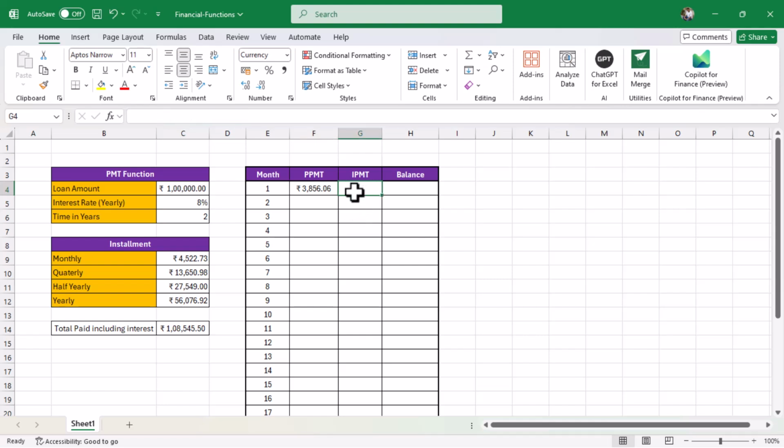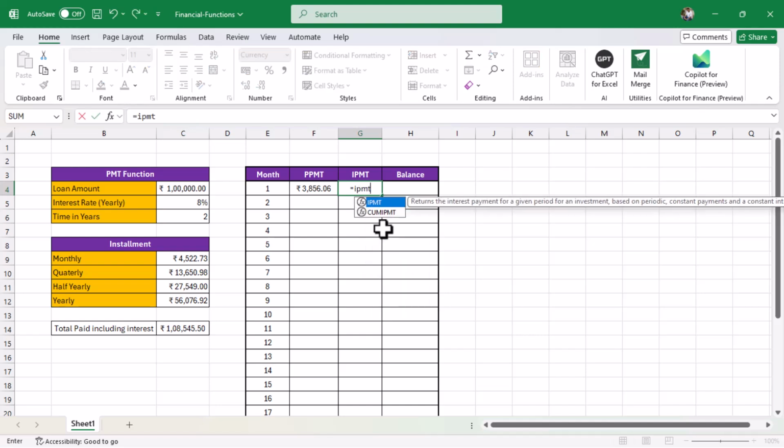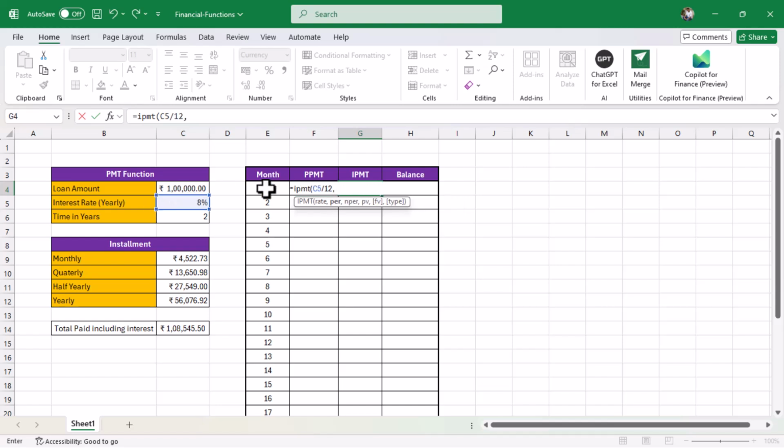Now I want to find out how much is the interest I am paying in the end of the first month. So I will use the IPMT function. I'll say equal to IPMT open bracket. What is the interest rate? This is the interest rate divided by 12, comma, for which period you want to find out, first month, comma, how many periods are there?